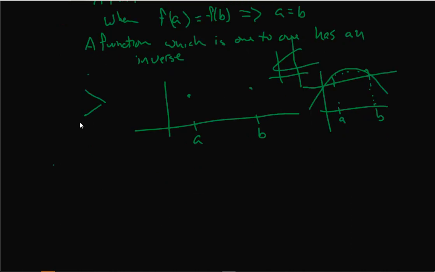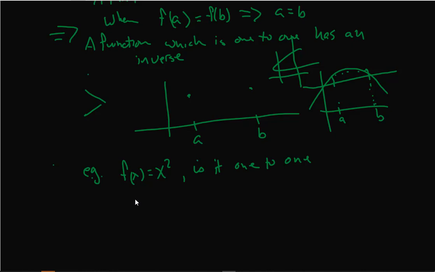So let's just do an example to check to see if a function is 1 to 1. We could do the horizontal line test, but let's just do it with the original definition. Suppose we take the function f of x equals x squared, and the question is, is it 1 to 1? Of course we know it's not, because it looks like this, and that's not 1 to 1, but let's do it with the definition up here.